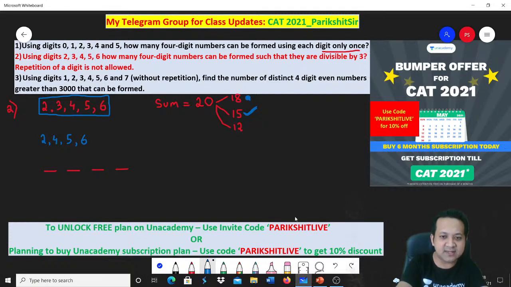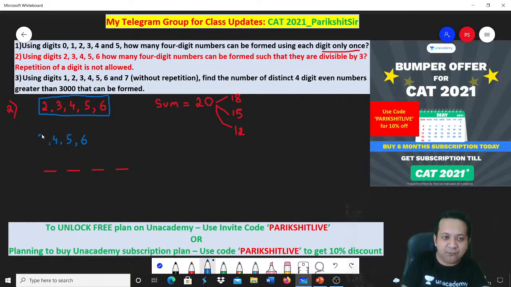Okay, first let's look at it as 18. How can you get the sum as 18? Let's come one at a time. If you want the sum to be 18, you can do a minus 2. Remember, if you have all the 5 digits, the sum is 20.